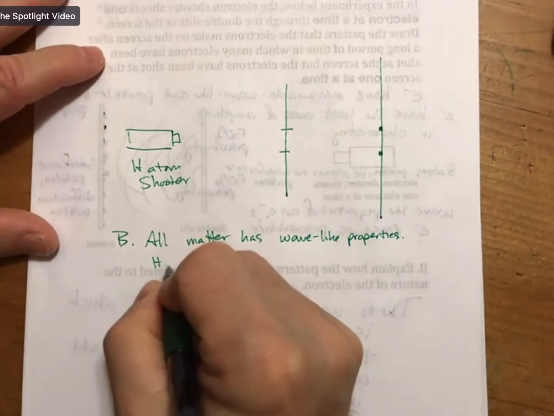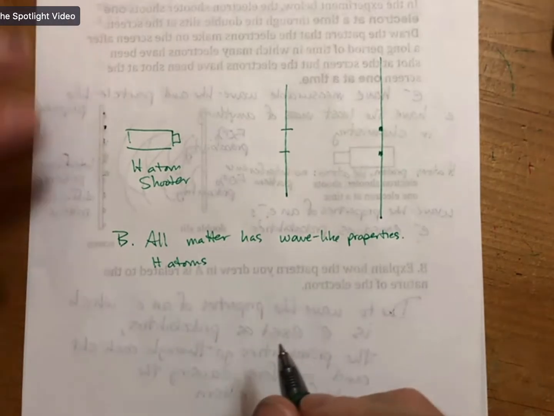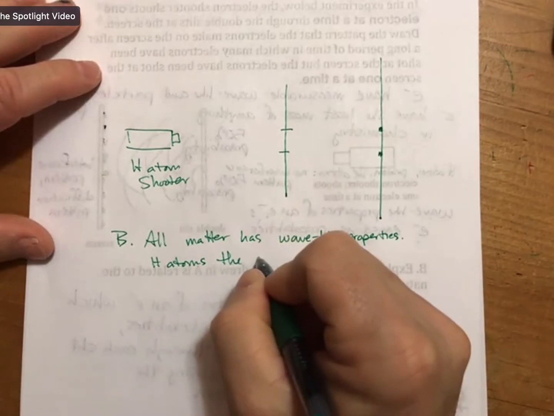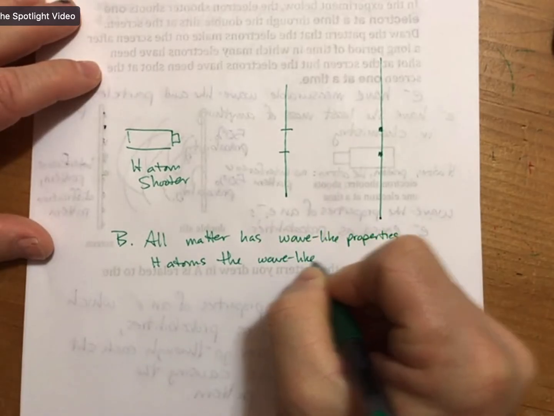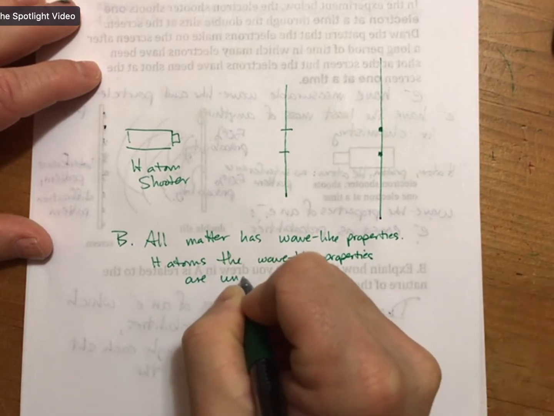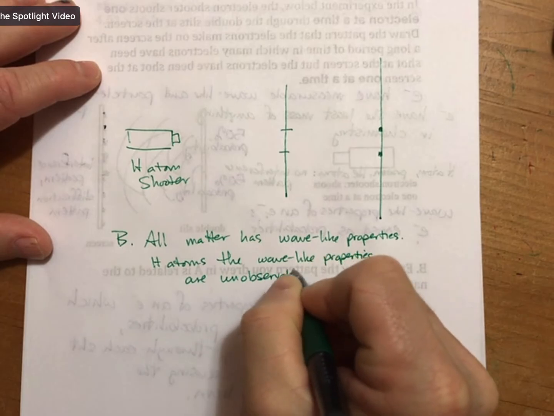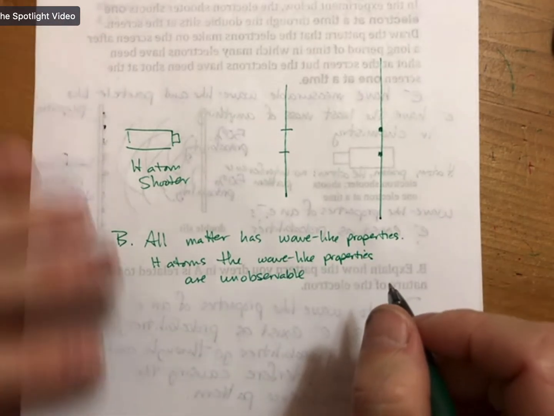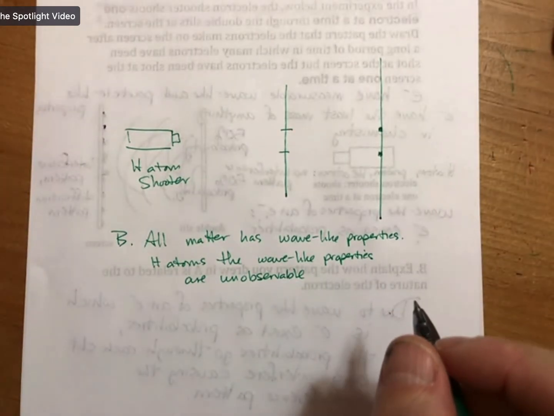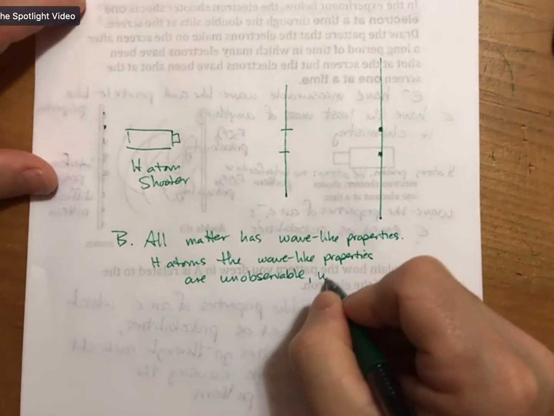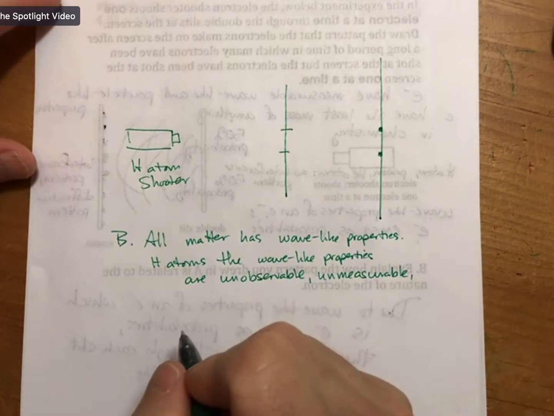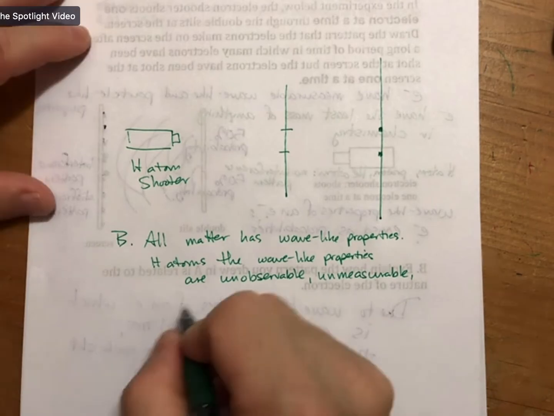So for hydrogen atoms, the wave-like properties are unobservable. Unobservable, unmeasurable, we will never see them. They practically don't matter.